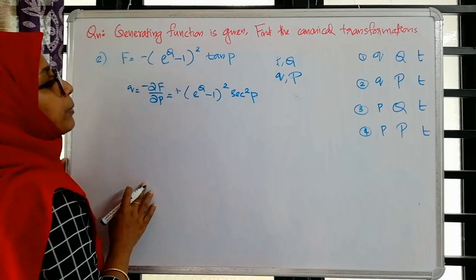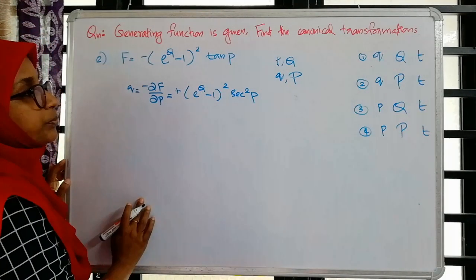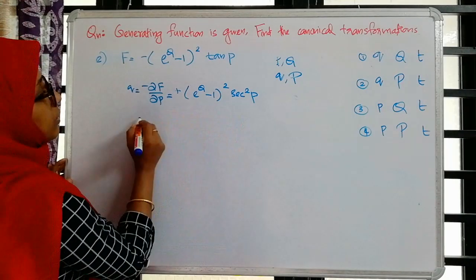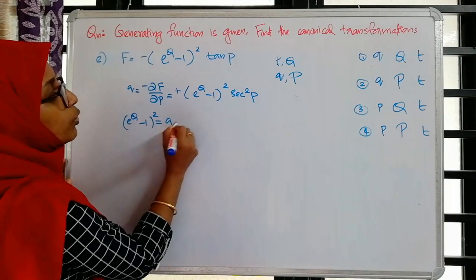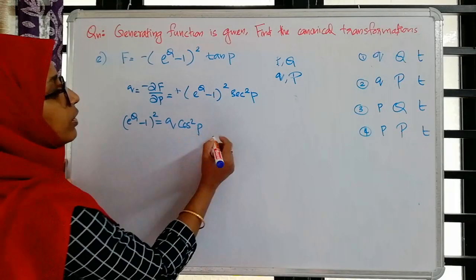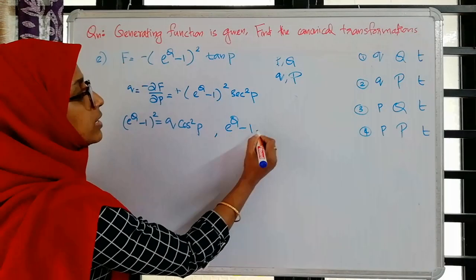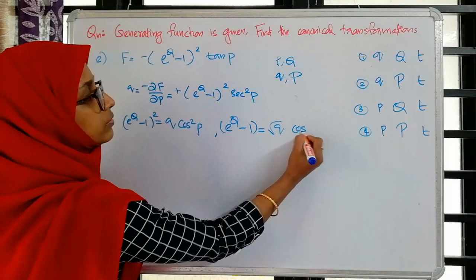So, I'm going to rearrange these equations to get the expression for capital Q. That is, (e^q minus 1) square is equal to q cos square p. And also, e^q minus 1 is equal to root q cos p.